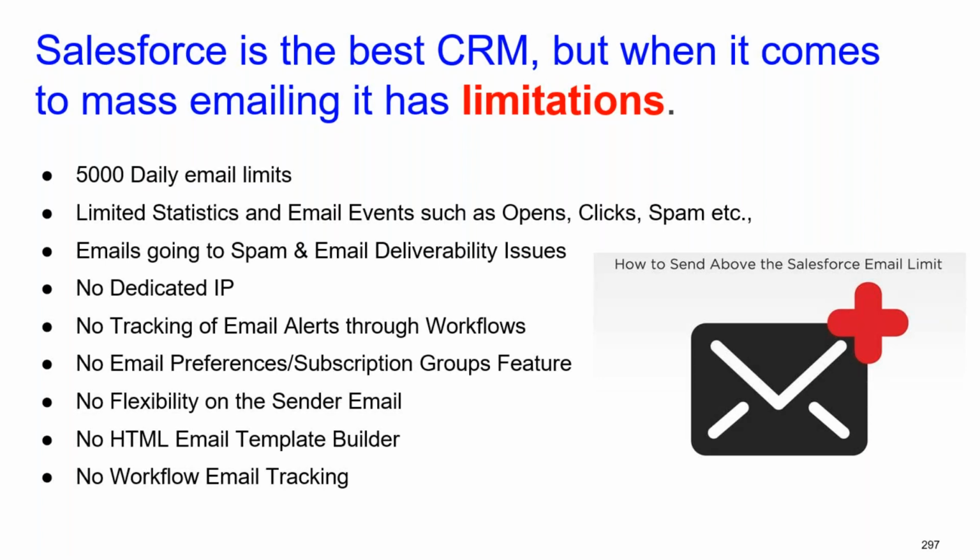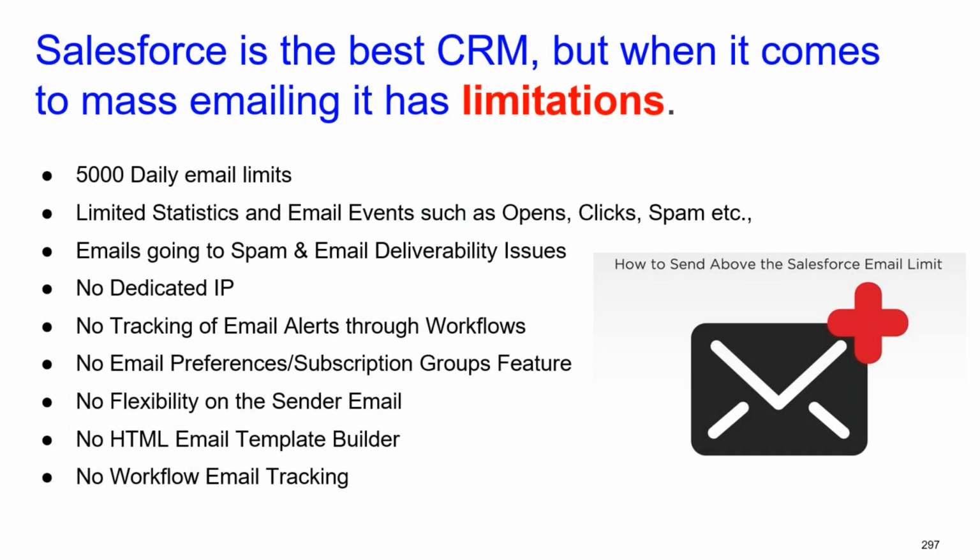Another issue with the Salesforce email is that you don't have much or any real flexibility when it comes to the sender email address. And with MassMailer, you can basically use any email address you want from the sender, including custom email fields. And it also applies to your copies and your blind copies. You can also control that.